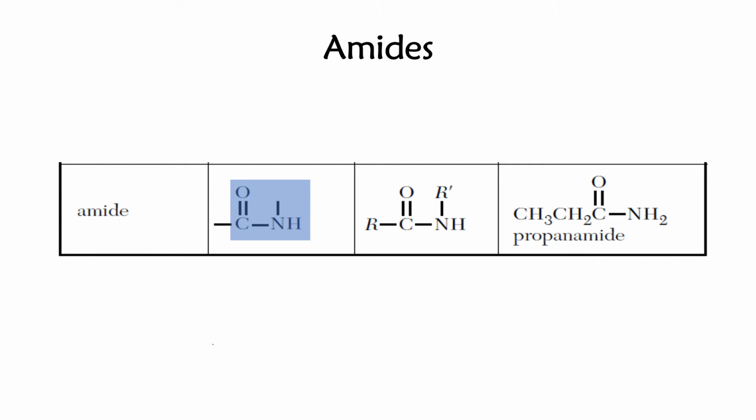So let's say we have an organic acid, and then we have an amine somewhere. So there we have an amine with a nitrogen attached to 2 hydrogens and 1 carbon chain.